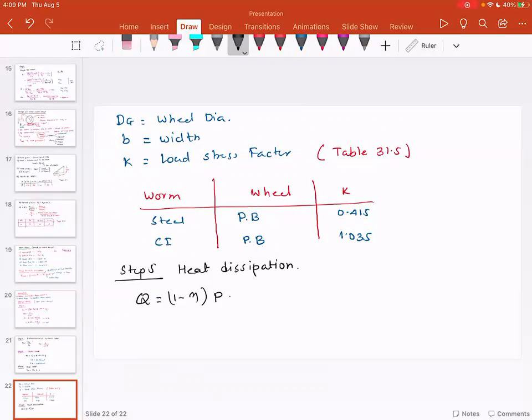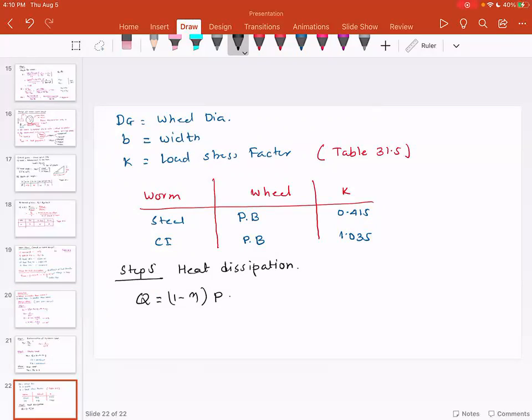It's totally up to you, whatever approach you want to use. And once you find out the value of Q, then you can find out the amount of heat that is generated, and then you can find out whether the worm and worm wheel are capable of transferring the heat.